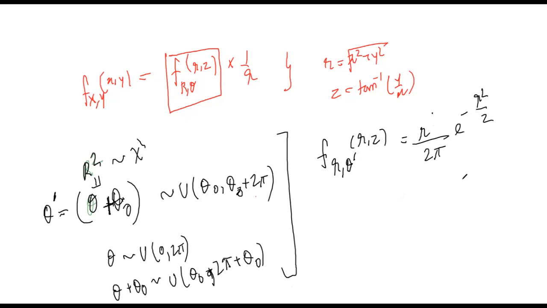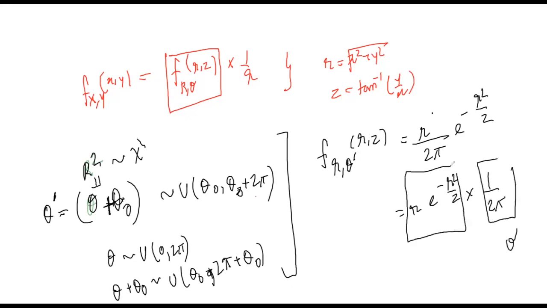It's coming up as e to the power minus r square by 2, which is the part of the chi-square, into 1 by 2 pi, which is the part of the uniform theta dash. Because they are independent, we can make their product work like that.